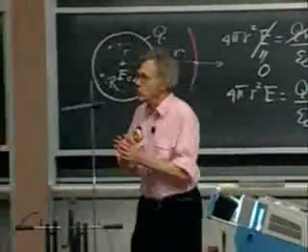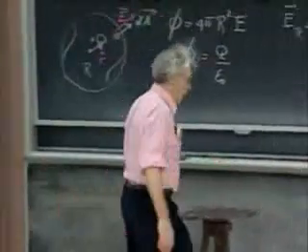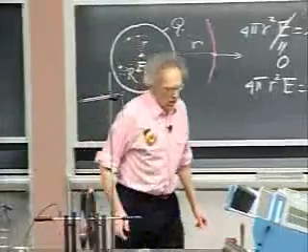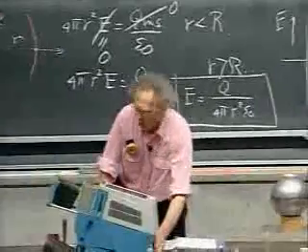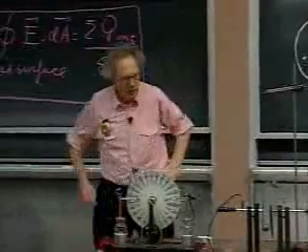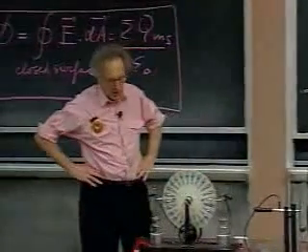The last thing I want to show you has to do with the fringe field that we have seen here. I have here two parallel plates which I'm going to charge with an instrument that we have not seen before, which is called a Wimshurst.